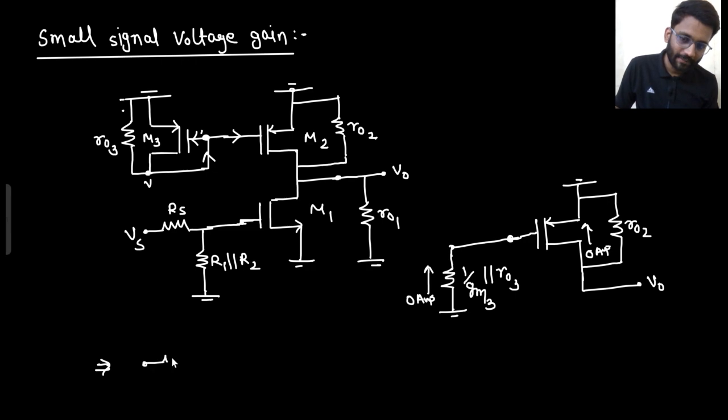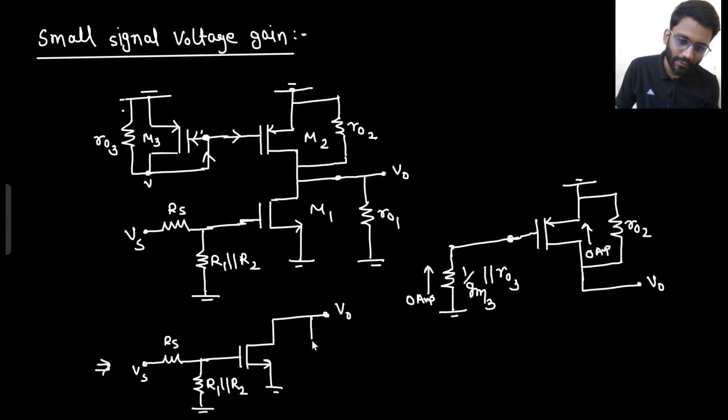This is my VS, RS, R1 parallel R2. This is RS, this is VS. This is V0. So from V0 to ground, I see R01.